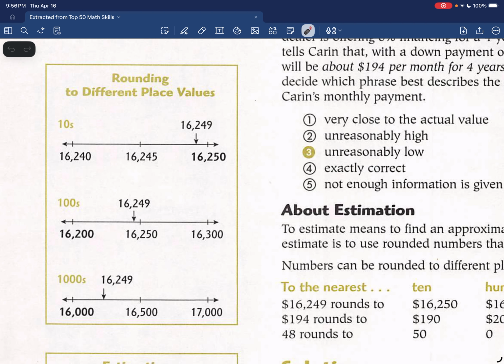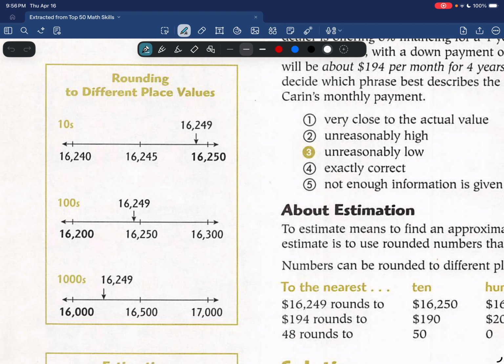And before I show you actually how I think about rounding, let's look at what it means to round to the tens place. So we have two numbers here that are relative tens. We have 16,240 and 16,250. And then of course that midpoint, and with rounding you always need to consider the midpoint, is right there.